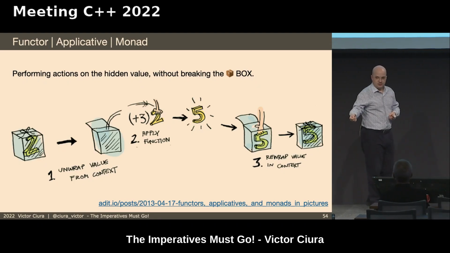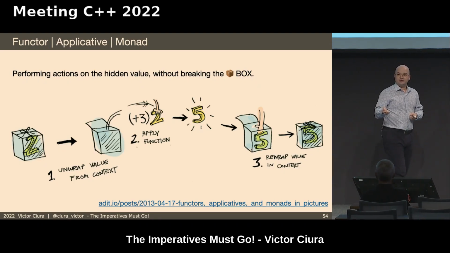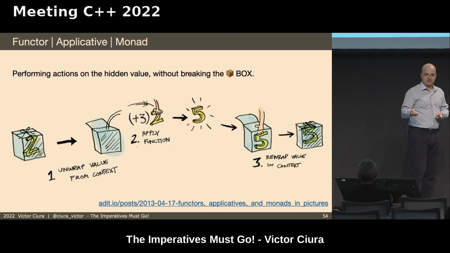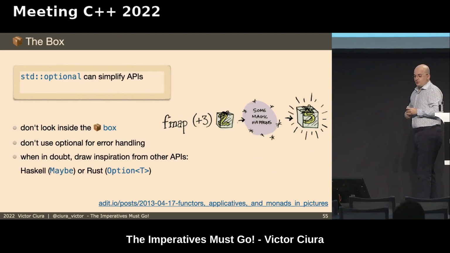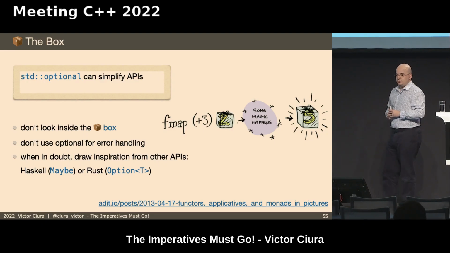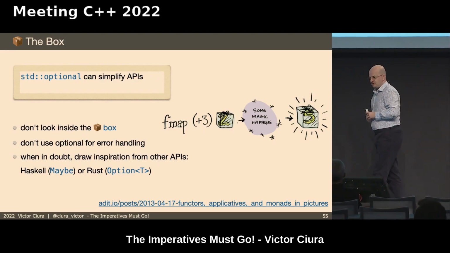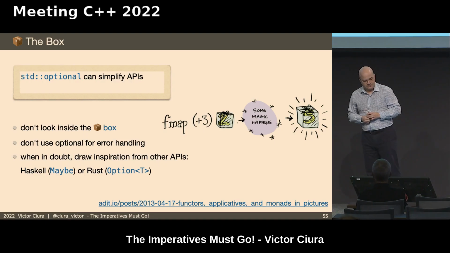And only at the end, we query the result and see if we have a successful transformation. So standard optional is such a tool in C++ since 17.